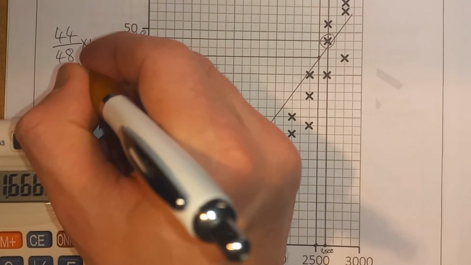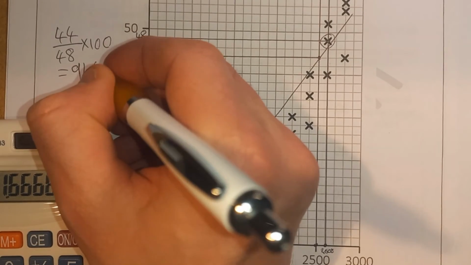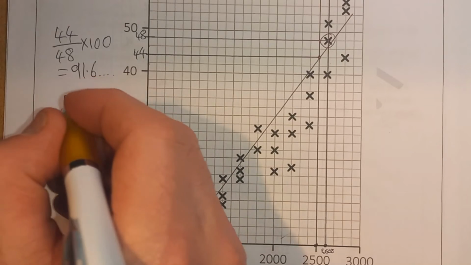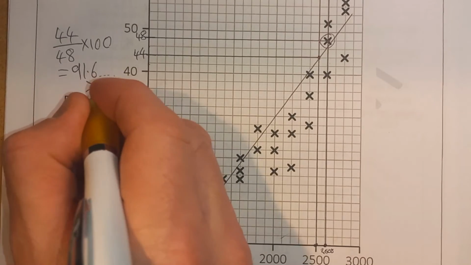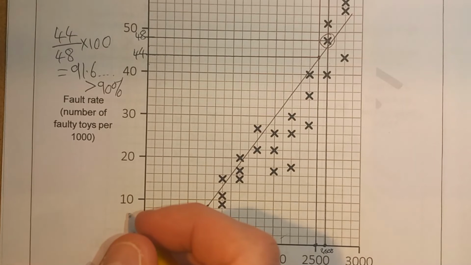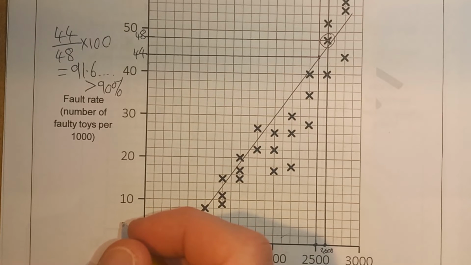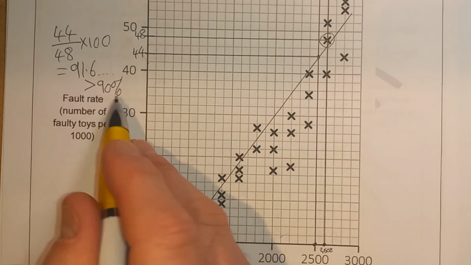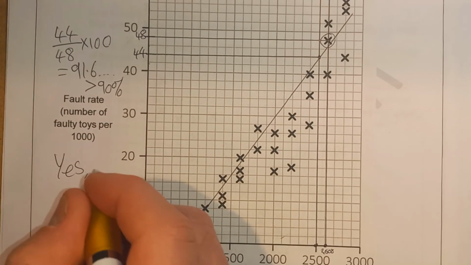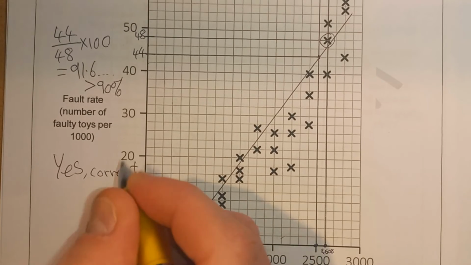Well, actually, we can keep it as 91.6 and so on, because the important thing is that that is more than 90%. She said the fault rate when it's 2600 is more than 90%. Well, looking at this, yes, it is. So yes, she's correct.